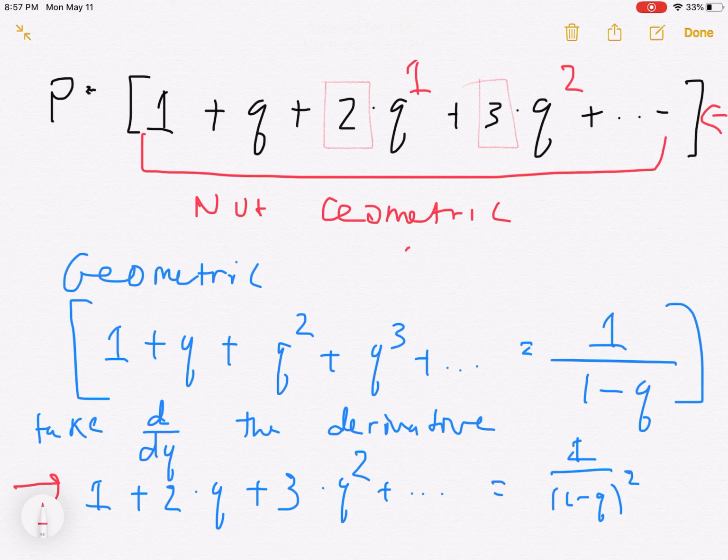That says that this is going to be equal to p times 1 over 1 minus q squared. Remember, 1 minus q is p, because q is 1 minus p. So this is going to be p divided by p squared, and this reduces to 1 over p.